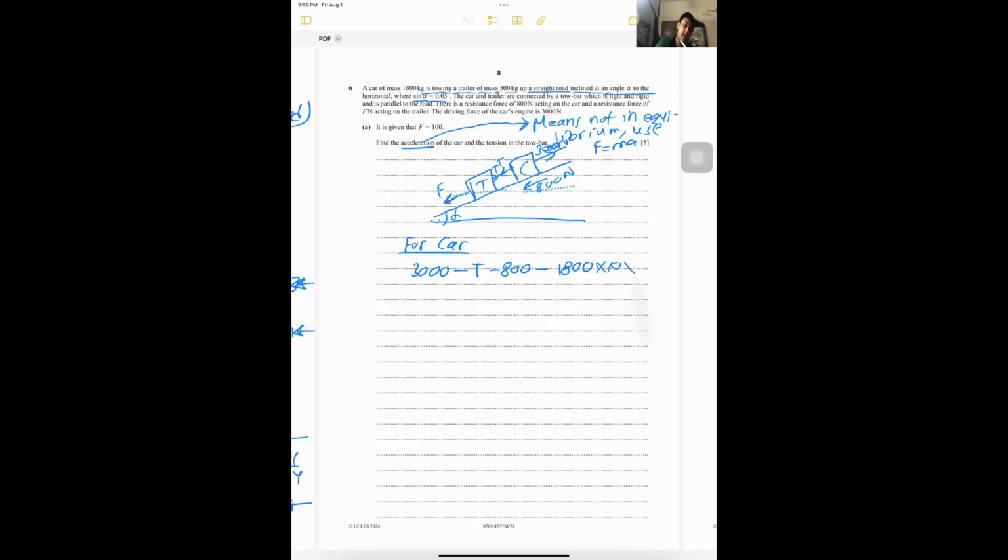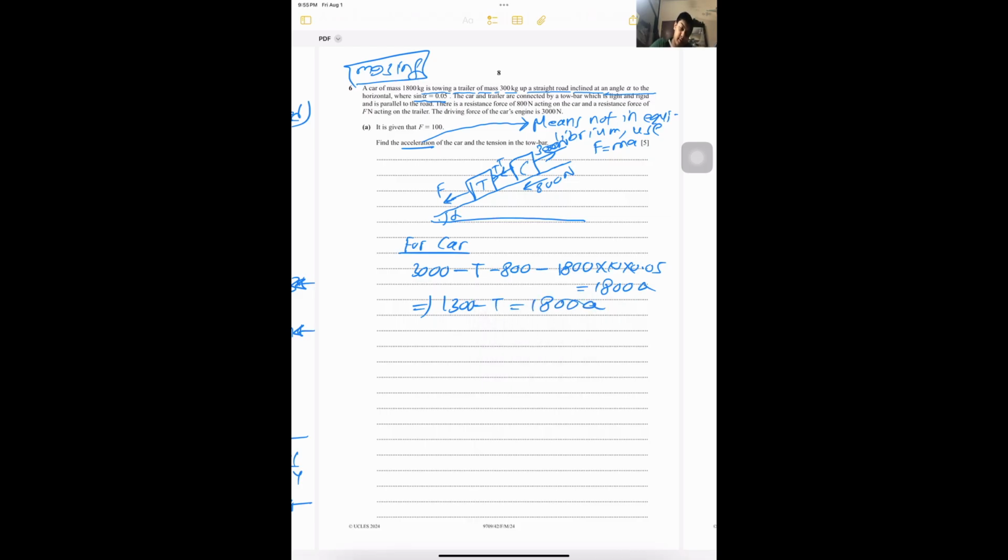This is the downward component, mg sine alpha. This will be equal to 1800a. Let's simplify this: 3000 minus 800 minus 900 is 1300 minus T, that's 1800a.